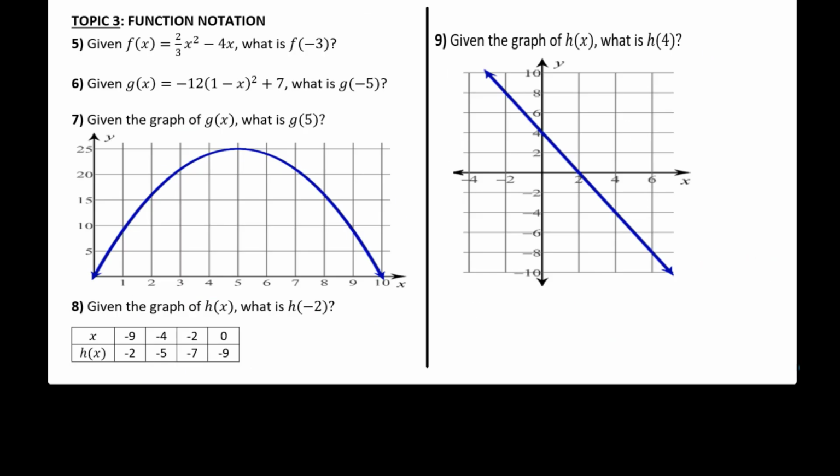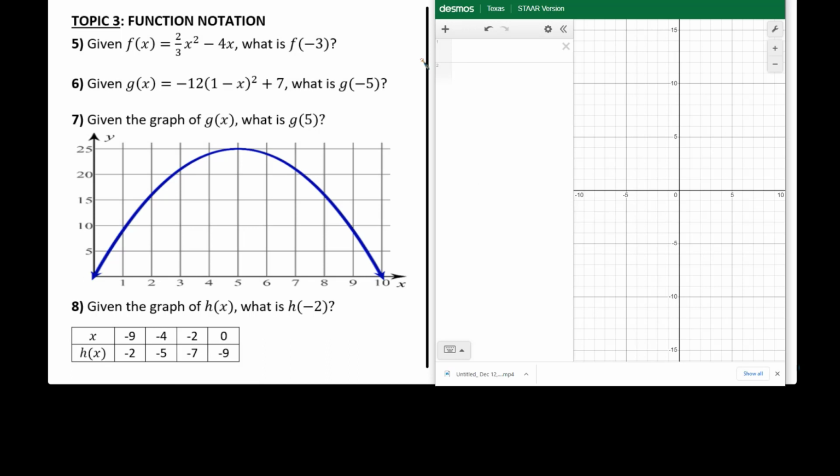Okay, let's continue. So here we have question number 5, where we're asked to find the function using the function notation f of -3. So what we're going to do is pull out a calculator. So here we have a calculator. What we're going to do is copy this function.